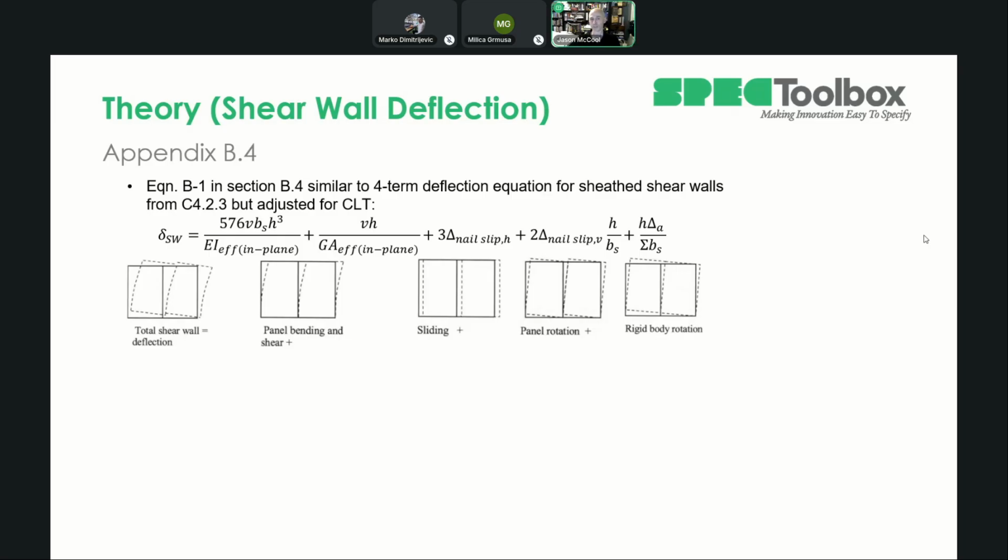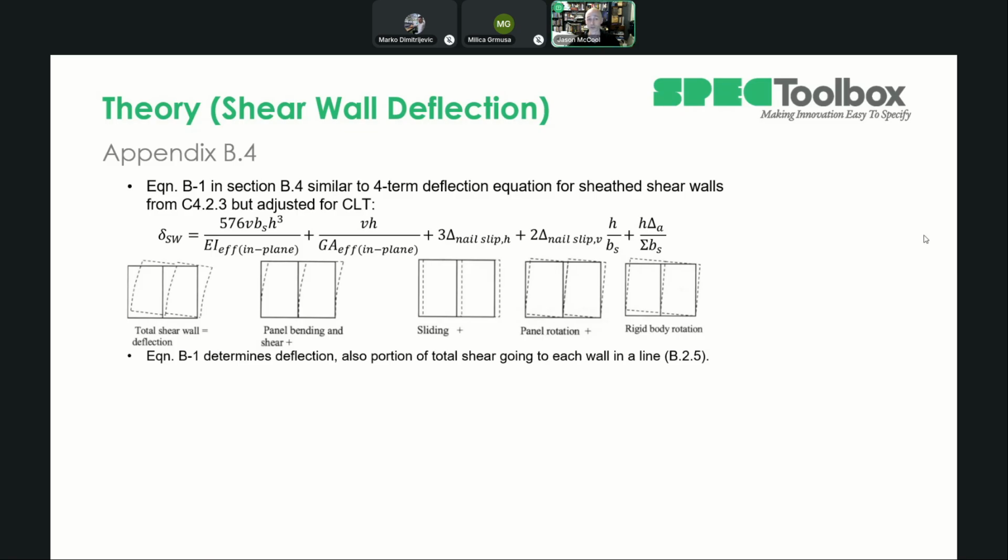And then vertical nail slip gives you your individual panel rotation. And you can see that's getting multiplied by your aspect ratio. And then rigid body rotations coming from your hold down stretch and your wood crushing on the compression side. So that's basically just like your typical shear walls.